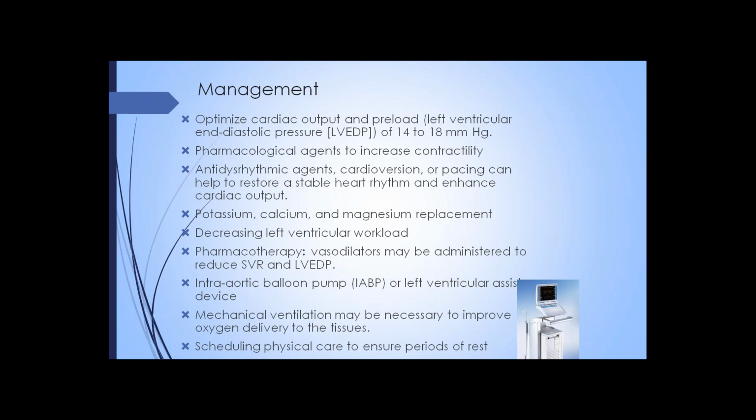So how do we manage these patients? Well, the first thing we need to do is optimize our cardiac output and our preload, which gives us that left ventricular end-diastolic pressure. Remember, we want it greater than 18, but 14 at least. But we also want to protect and not have as much increased afterload or vasoconstriction for increased SVR.